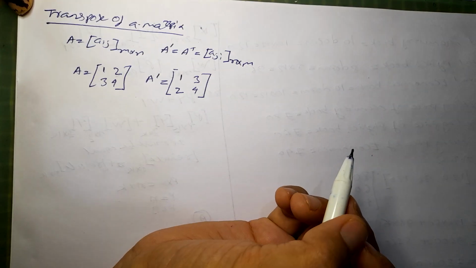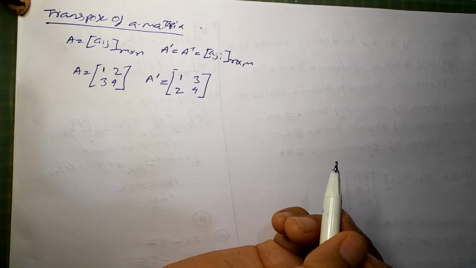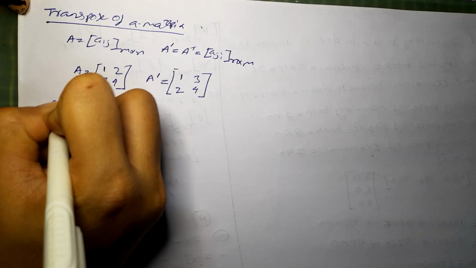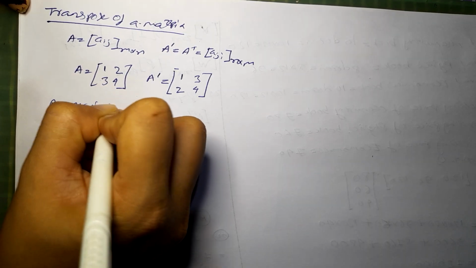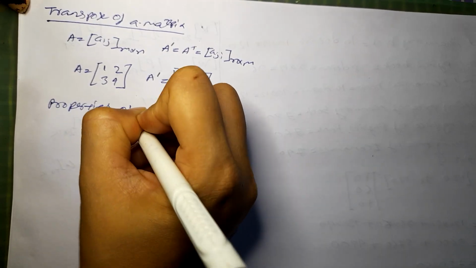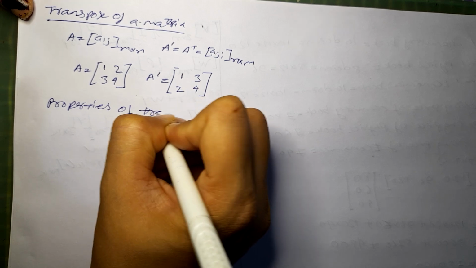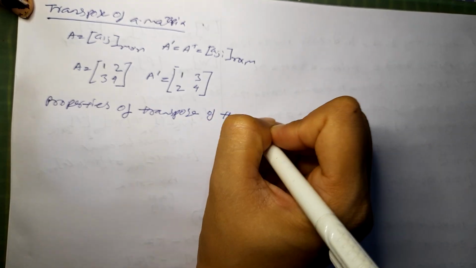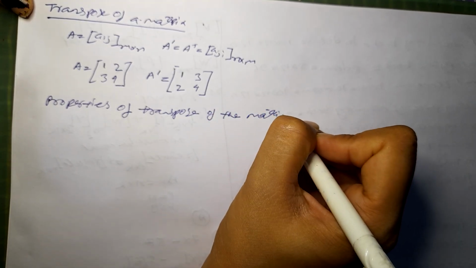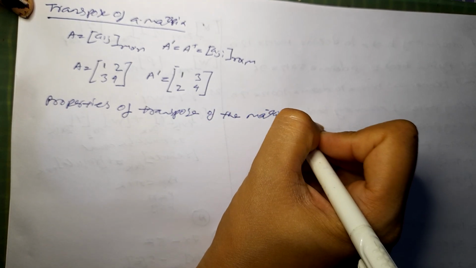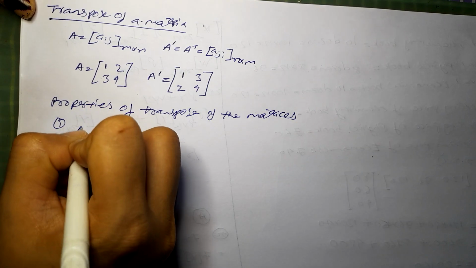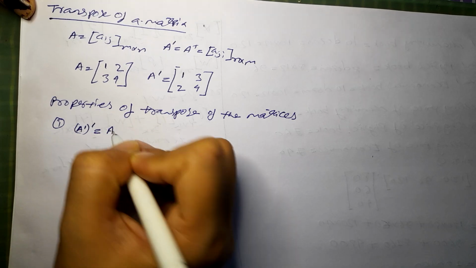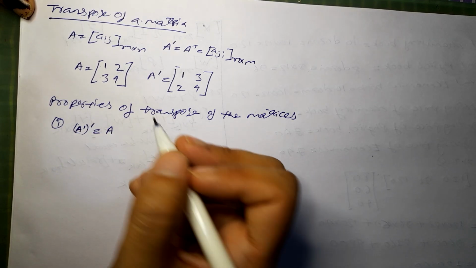So we have certain properties. What are the properties of the transpose of the matrix? The first property: if we take the transpose of a matrix and then transpose again, it gives the original matrix, that is A. This is the first property.